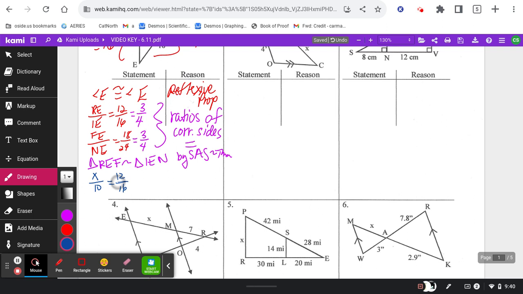Your choice. So I get 16x equals 120. Divide that on a calculator for me. Did you get 7.5?